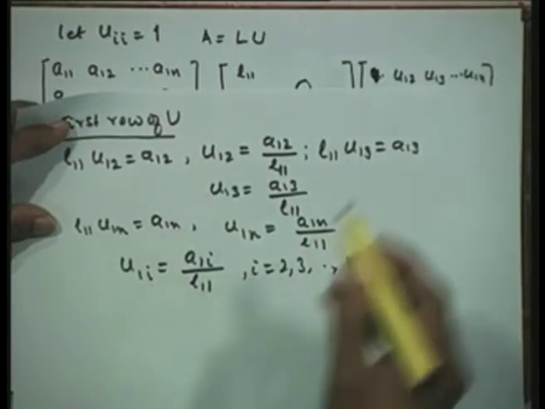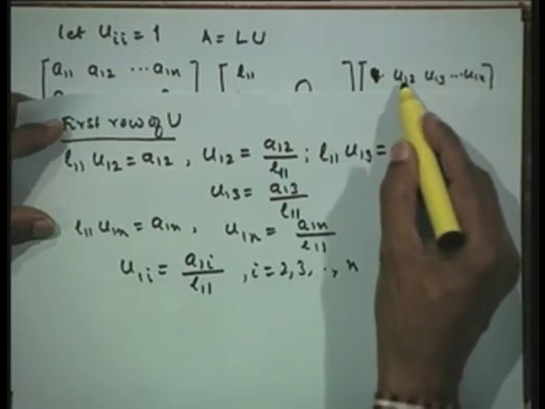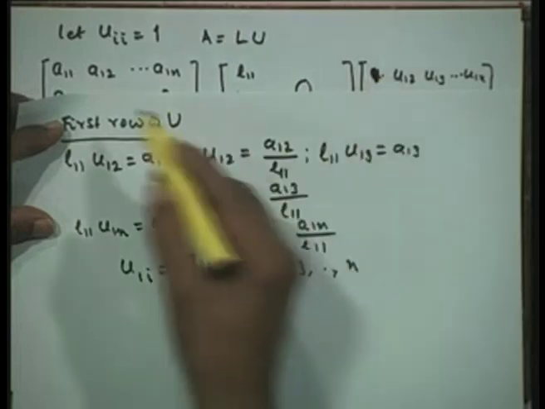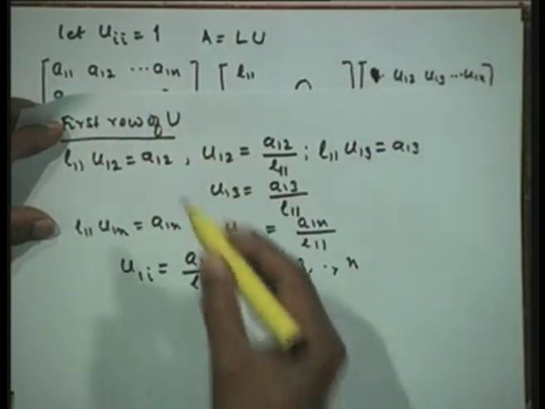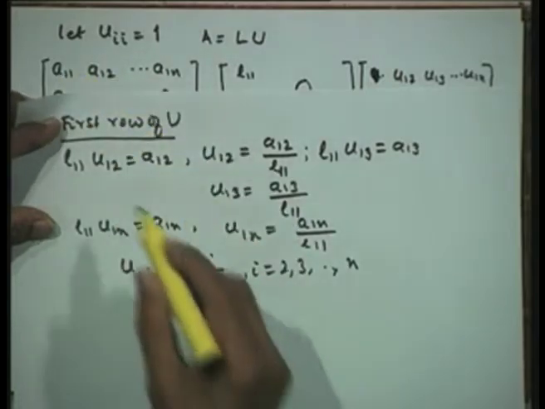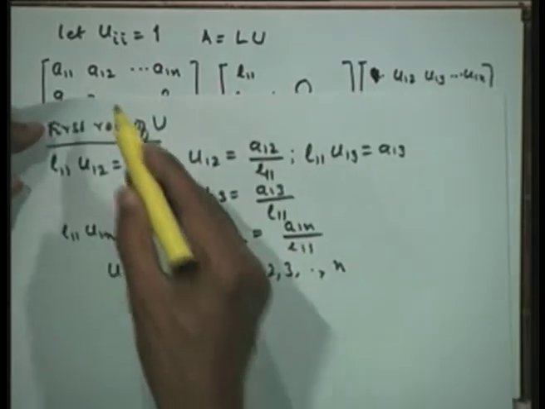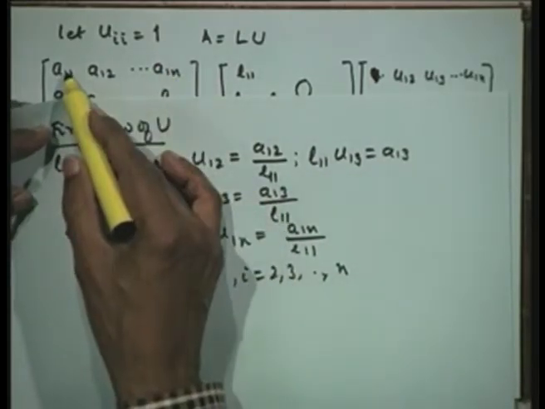In other words, the first row can also be immediately determined, because the first row of U, leaving the first pivot, is nothing but the elements of A divided by the leading element of A, because we have shown that L11 is A11. Therefore, it is simply division of the elements by the leading element A11.